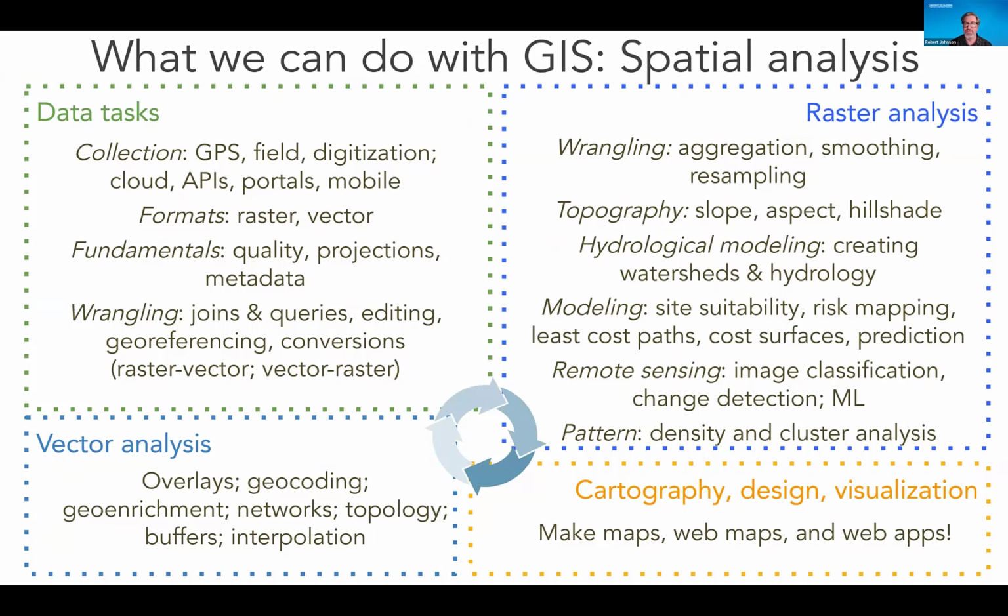There's all sorts of stuff. You can do slope and aspect if you're looking at topographic data. You can do hydrological modeling, a number of things with remote sensing in terms of image classification. There's even deep learning and machine learning tools now that can do change detection and object detection. And then, of course, cartography, making really nice maps and even web maps and web apps.